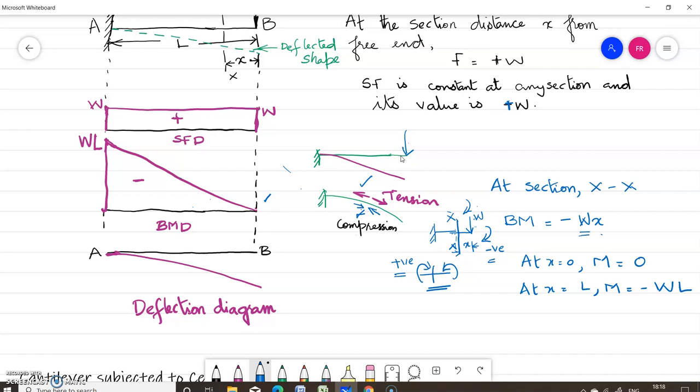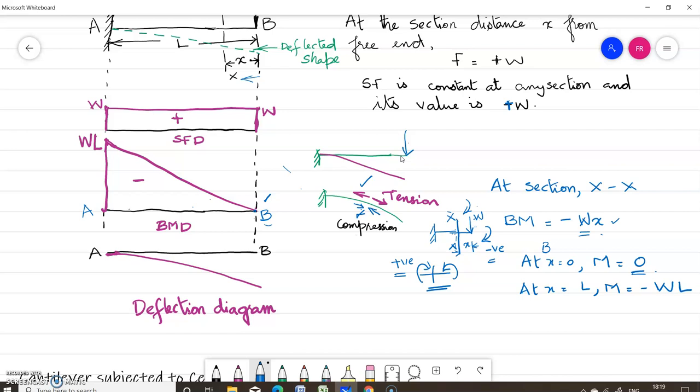Now we have to find the value of bending moment at points B and A. Here we are taking X towards this side. At X equal to 0, that is at B, when you substitute in this equation, bending moment equals 0.